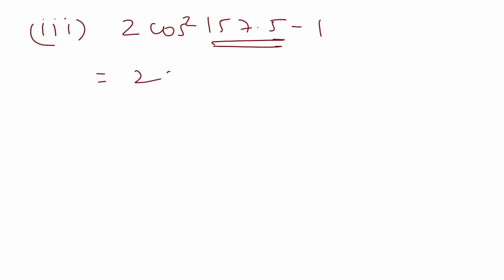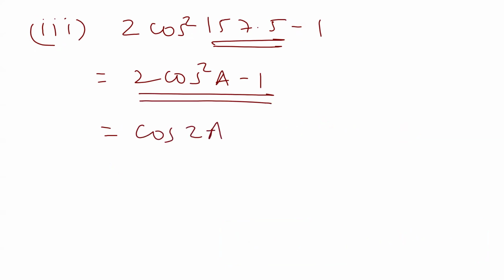Sub question 3, 2 cos square 157.5 minus 1. So let this be A. So 2 cos square A minus 1. For 2 cos square A minus 1, the half angle formula is cos 2A.